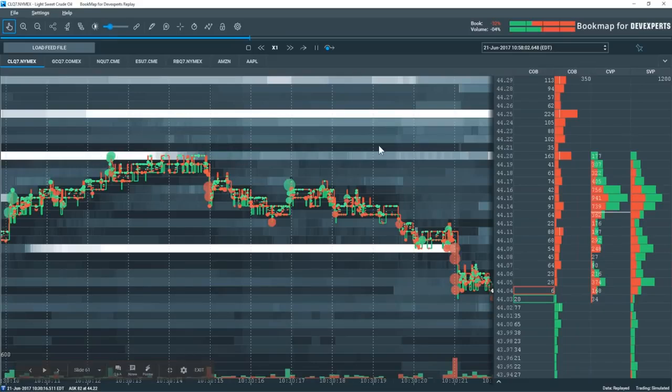These guys up here at 44.20 want to be sellers, and the aggressive market buys continue to trade into that area, and the limit orders on the offer absorb all of that aggressive buying. It finally dries up here, and then you can see they very aggressively hit the bid with large market sell orders.